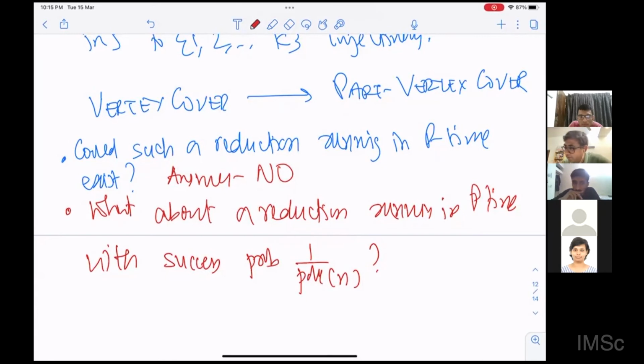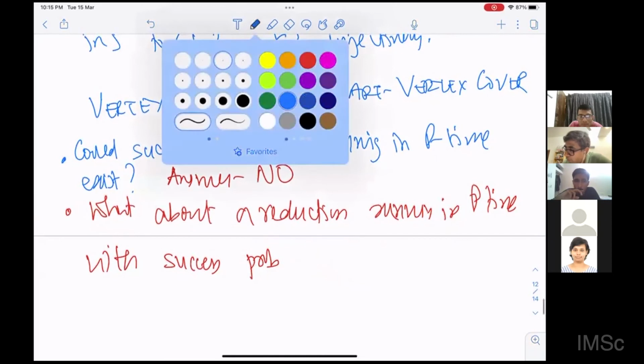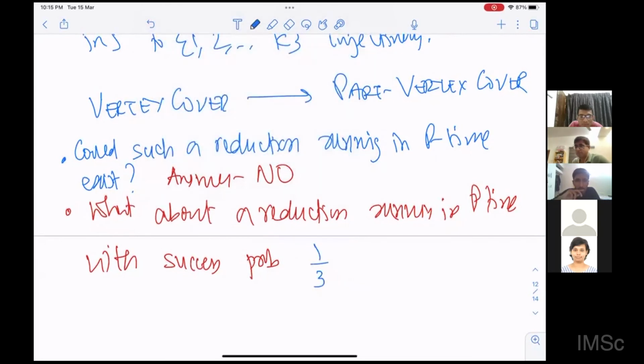Say for now with success probability, say, 1/3. Is this possible? What will happen? What great thing will happen if I do this? Then we can solve the problem. Then I can solve vertex cover, which is an NP complete problem, in polytime. We can get a randomized polytime algorithm for an NP complete problem.